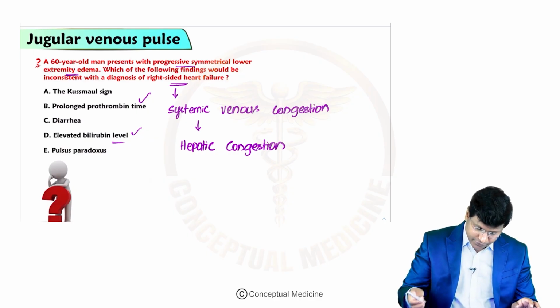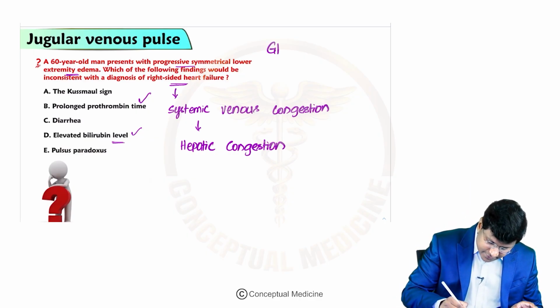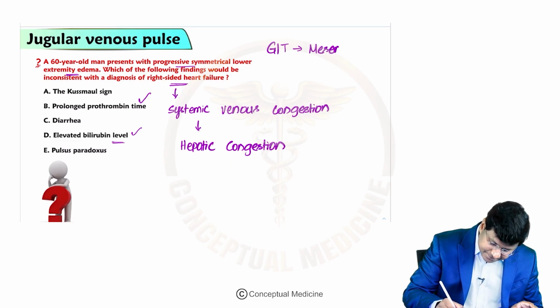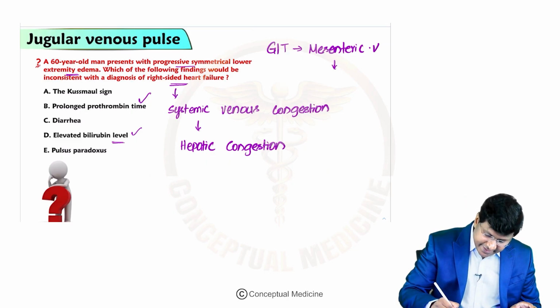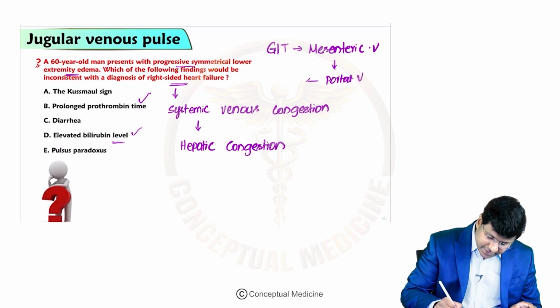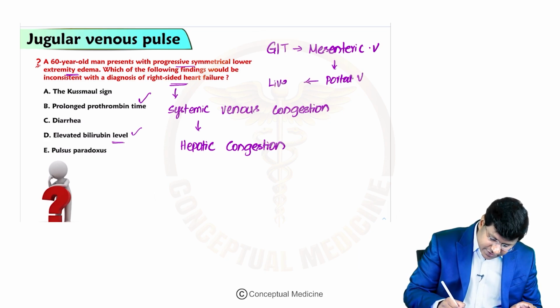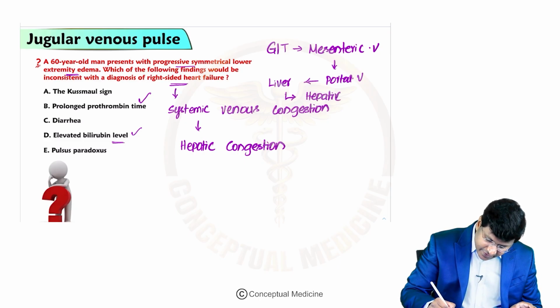So from the GIT, the blood through both superior and inferior mesenteric veins ultimately drains into the portal vein. From the portal vein, the venous blood enters the liver, then the hepatic veins, and then the inferior vena cava.